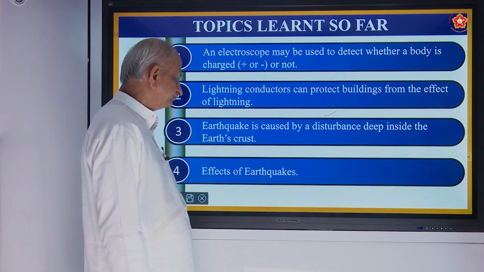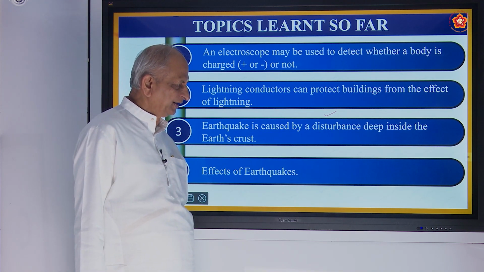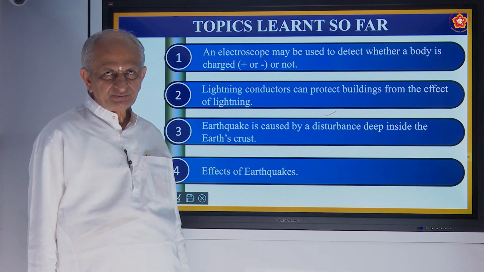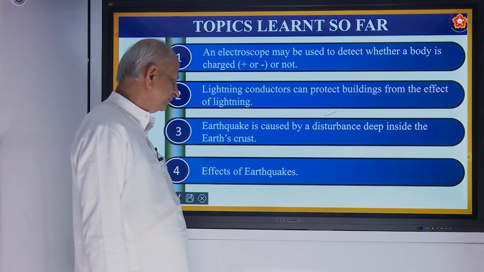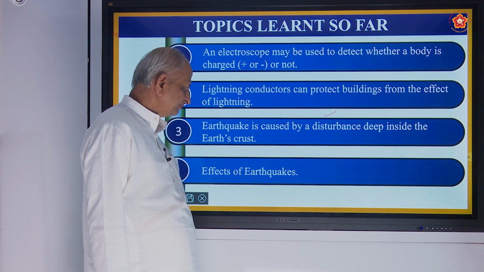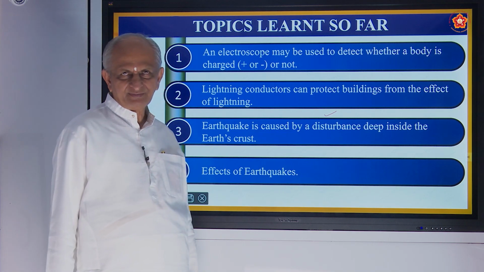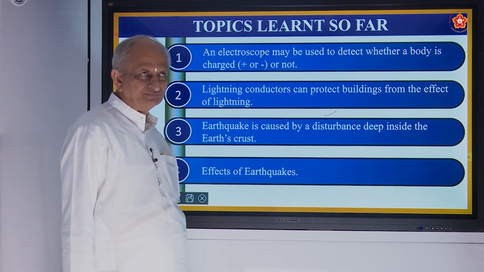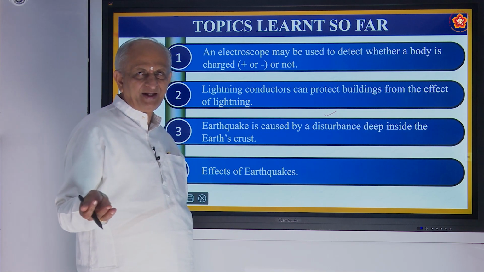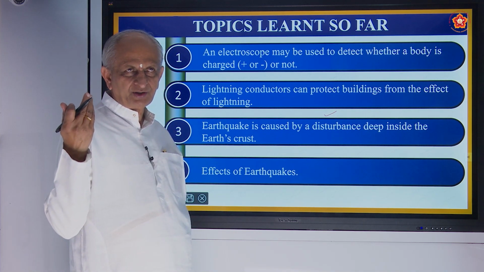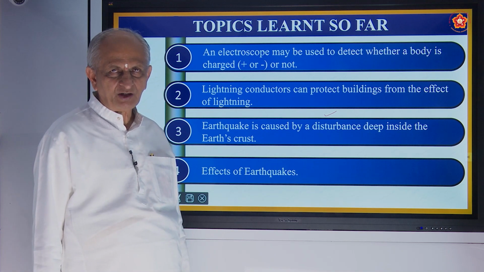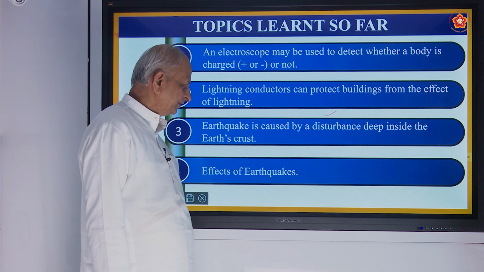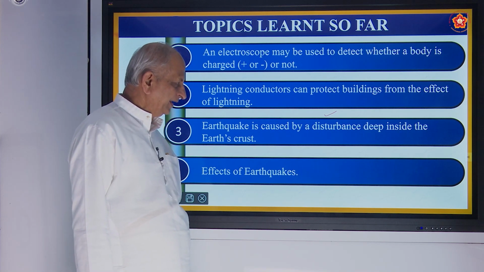For example, in India, it happened in Kashmir and Gujarat. Bhuj area is called Bhuj. So there it happened. What happened then? Then a lot of buildings fell down and many people died. Lot of loss of property. Correct? So there are a lot of dangers in case of major earthquakes.